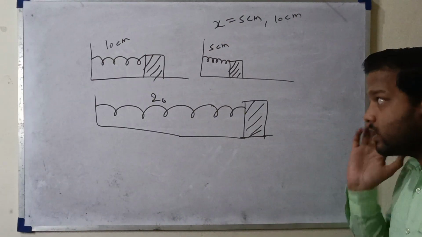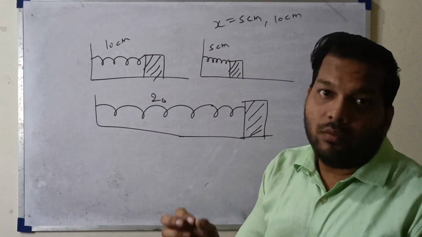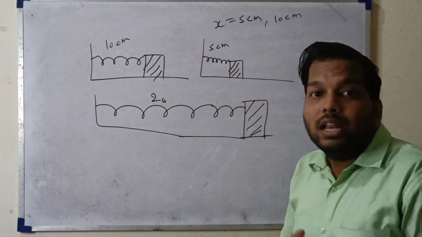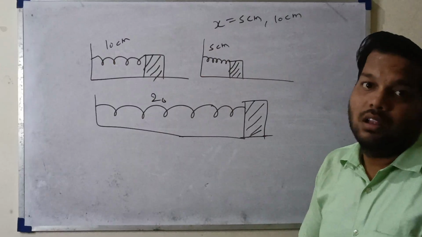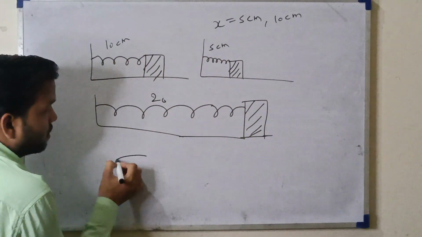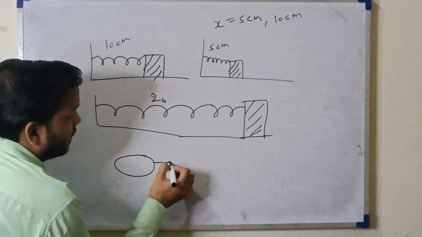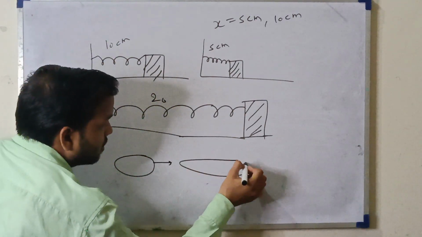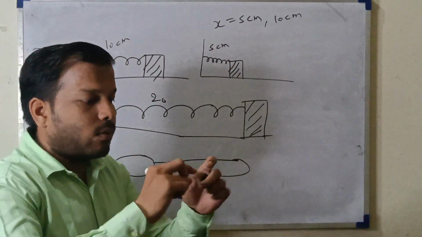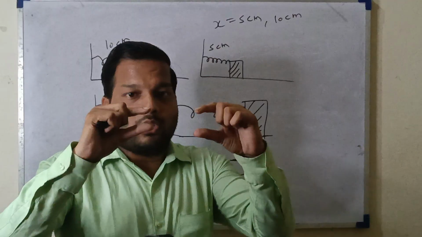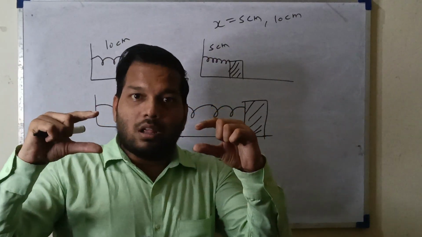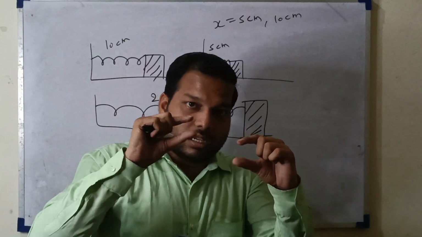Whatever amount of work you have done here will be stored in the form of elastic potential energy. Actually the meaning of elastic is, suppose there is a rubber and you extended it like this. After removing the force, the rubber will come back to its natural position.